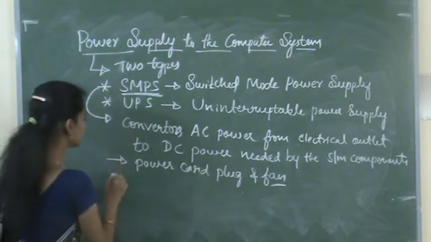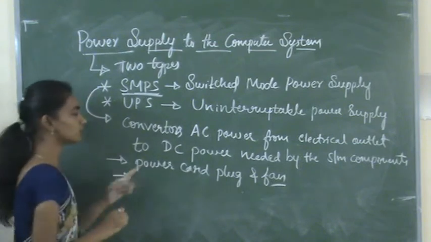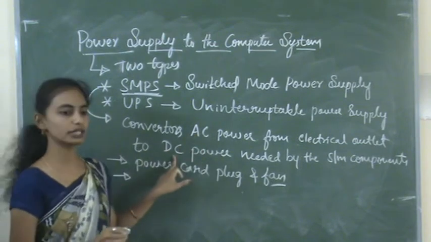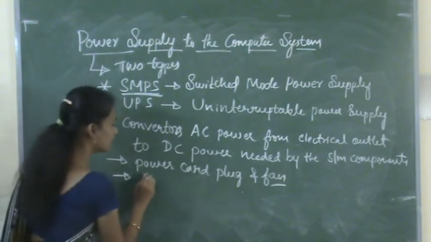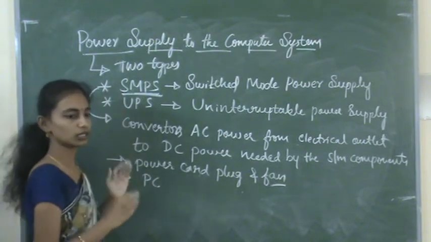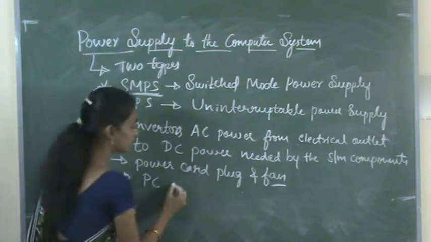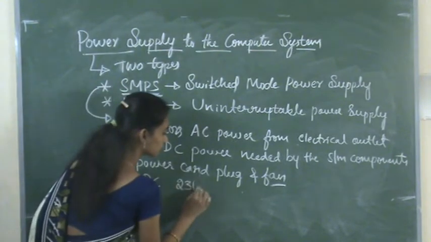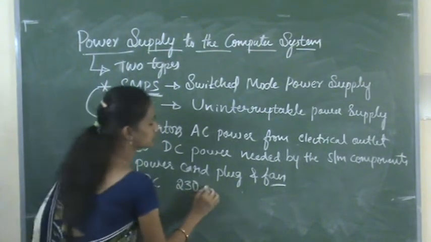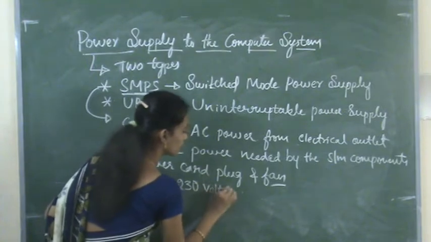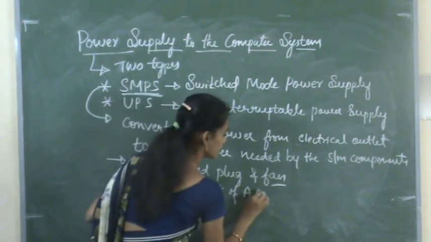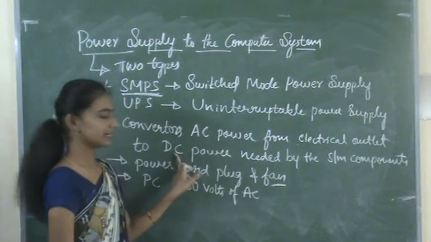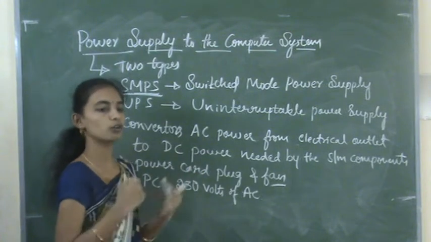Next, I told you SMPS converts AC to DC, right? In a normal PC, a personal computer, it converts 230 volts of AC current into DC current.